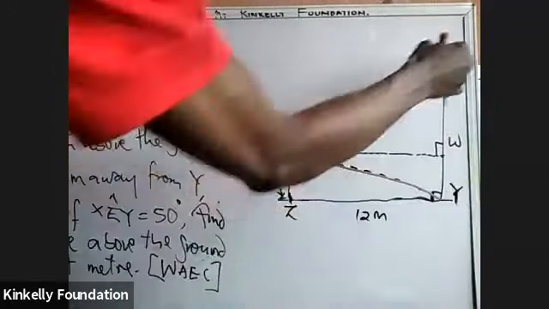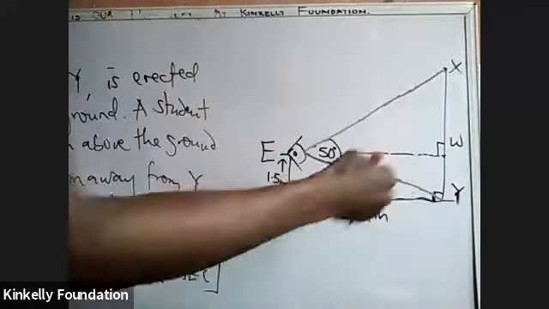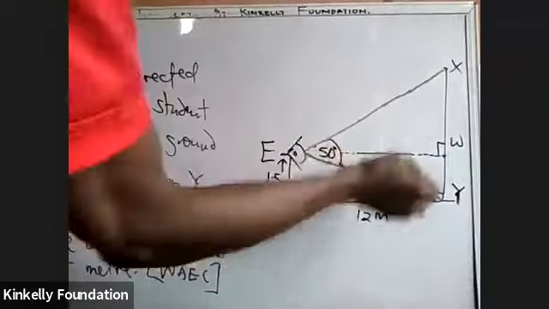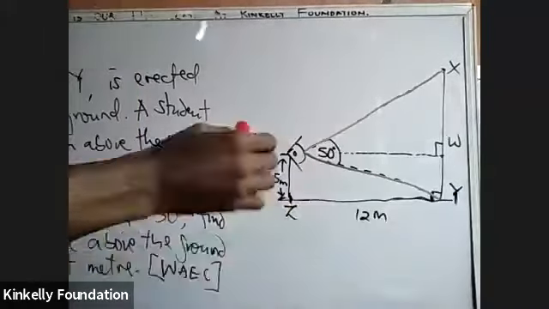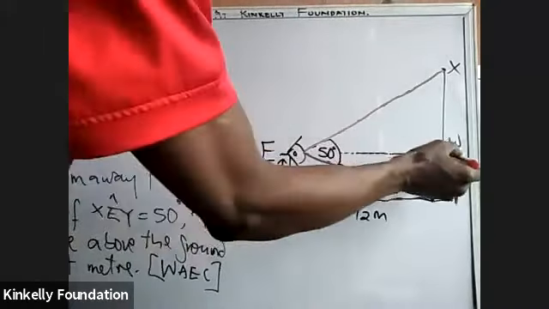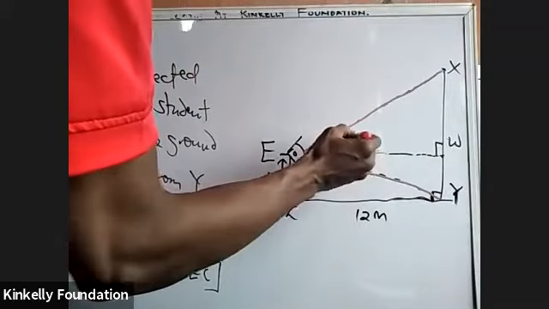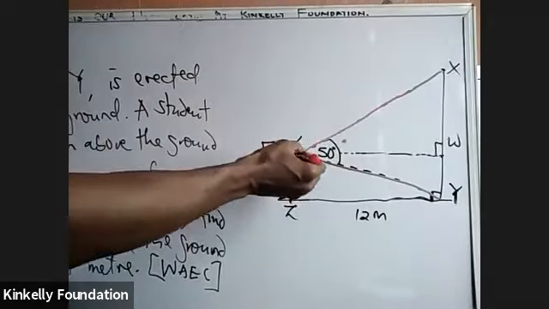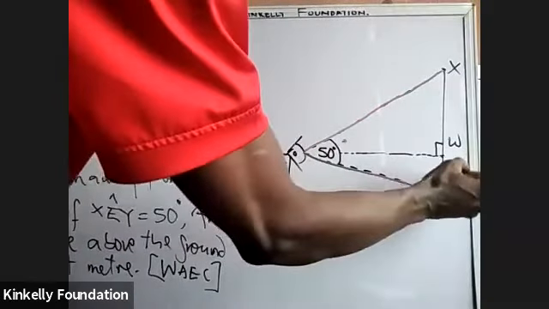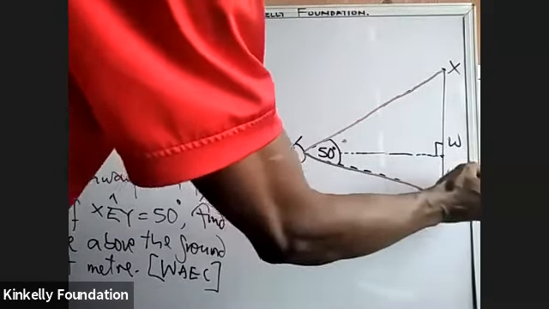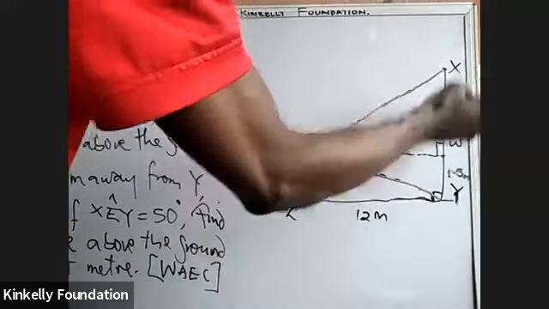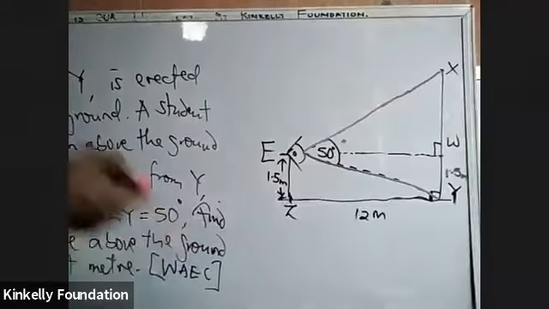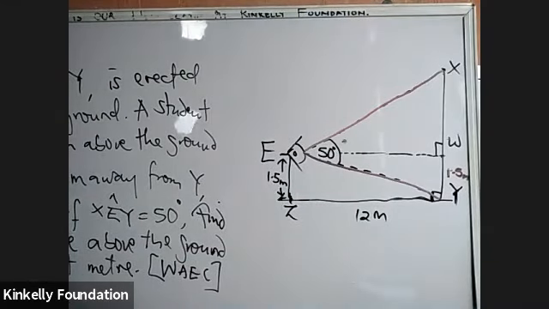Remember, this triangle XEY is not a right angle triangle. So what value do we have here? What is the angle here? You know that here is 1.5 meters. Now, when you get this side, you can add it to this to get the value of XY. Do you understand what I have said now?